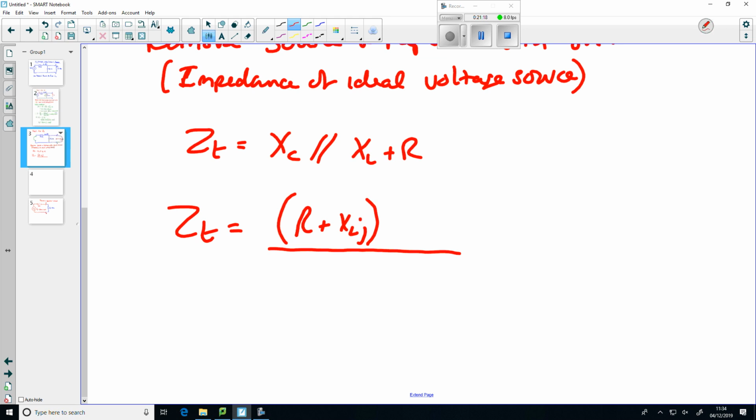I'm going to multiply them by 0 minus 3J, that's the capacitor. That's the resistor and XL in series, added together.